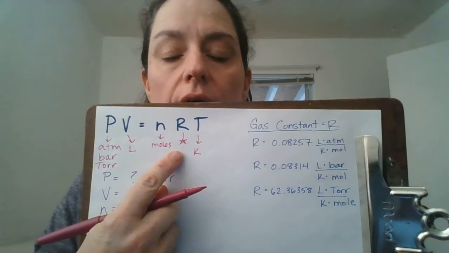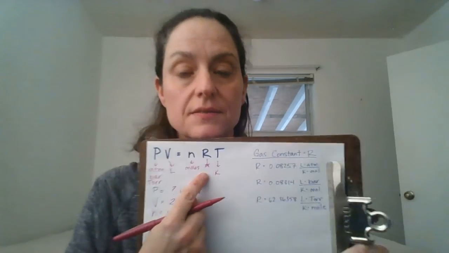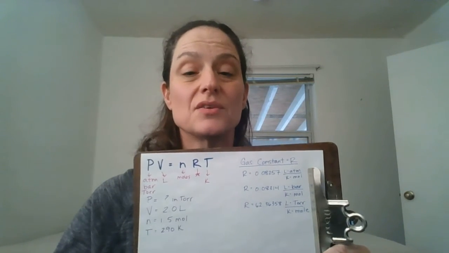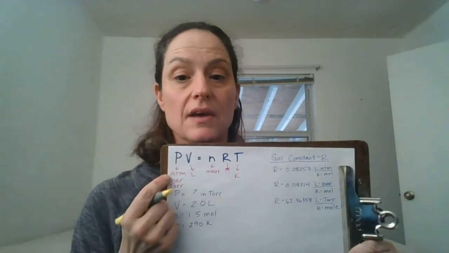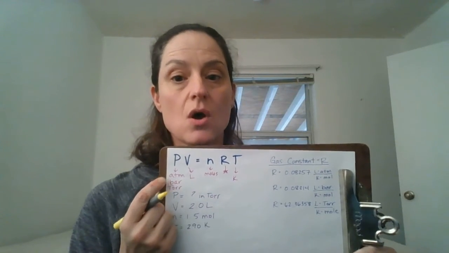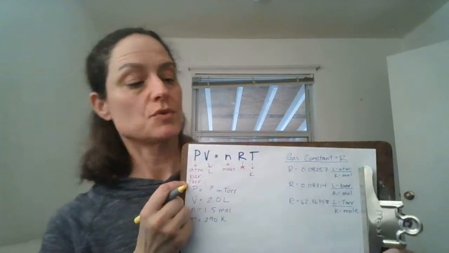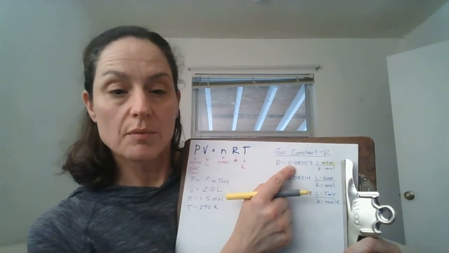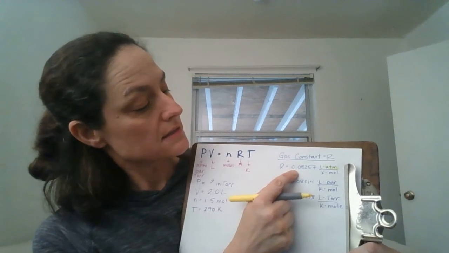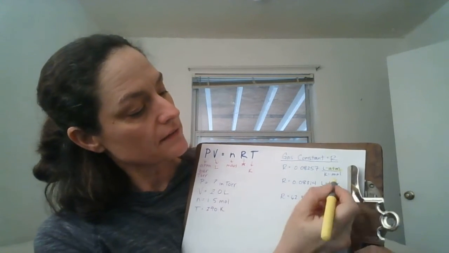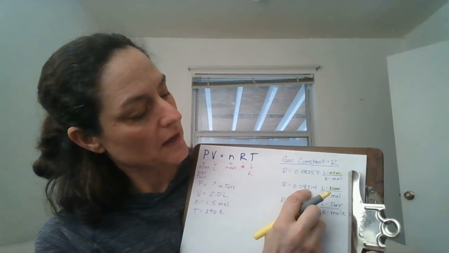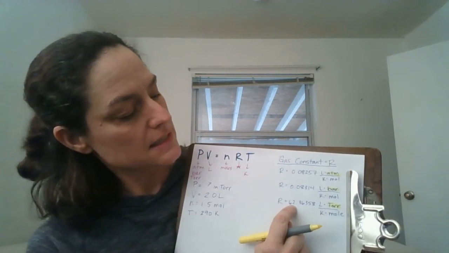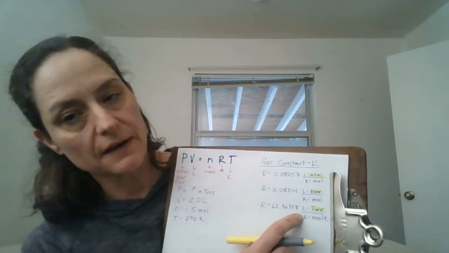All right. R. There are three different gas constants. Each gas constant has a particular pressure. So I've got a gas constant for atmospheres, one for bar, and one for torr. My gas constant for pressure in atmospheres is 0.08257. For bar, it's 0.08314, and for torr, it's 62.36358.